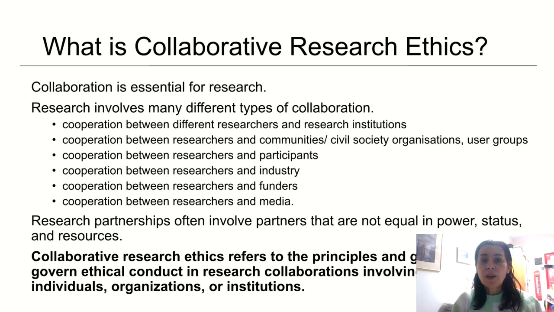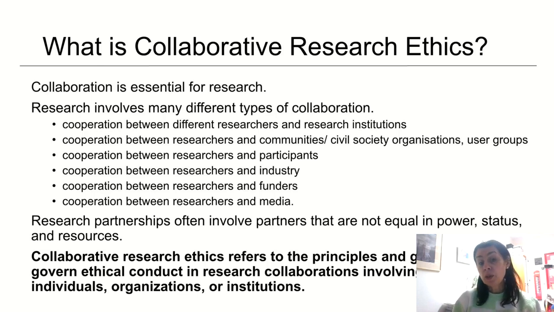So what is collaborative research ethics? Most of the projects actually undergo collaboration. So collaboration is essential for research, and we can have many different types of collaboration. We could have collaboration between different researchers and different research institutions. We could have cooperation between researchers and community or civil society organizations, different user groups.